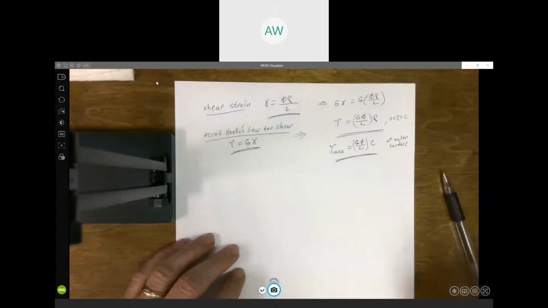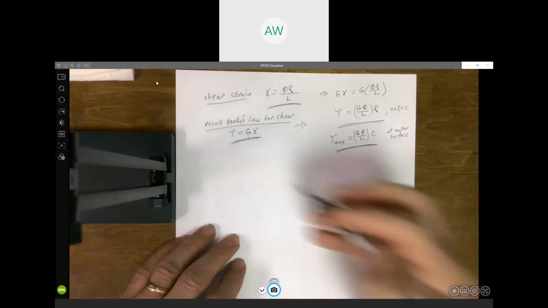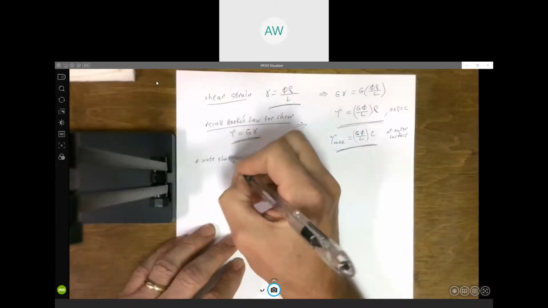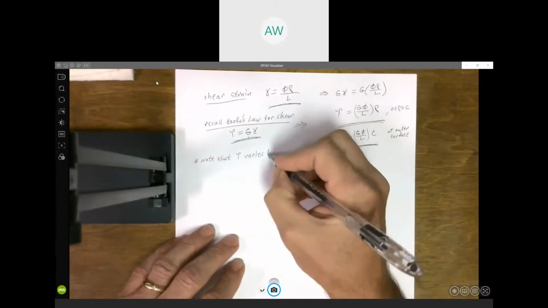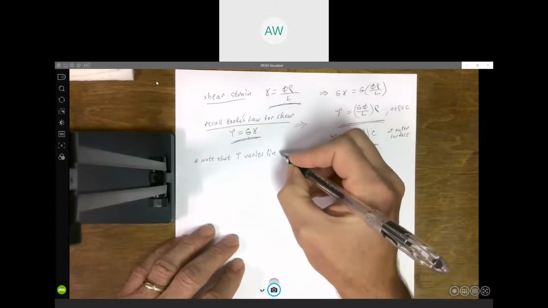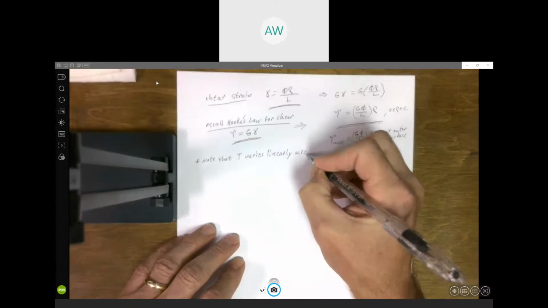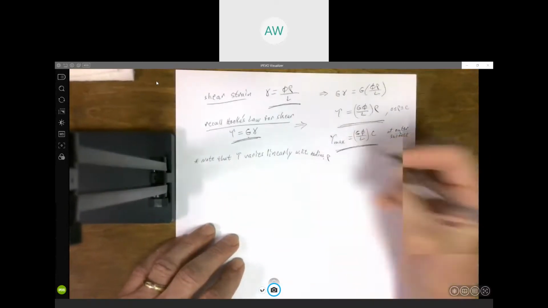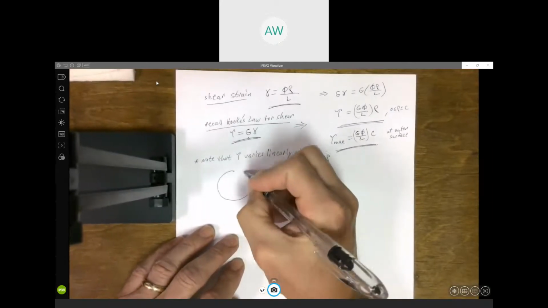But I think it's worthwhile to pause a second and note that the shear stress is linear. It varies linearly with respect to the radius rho.